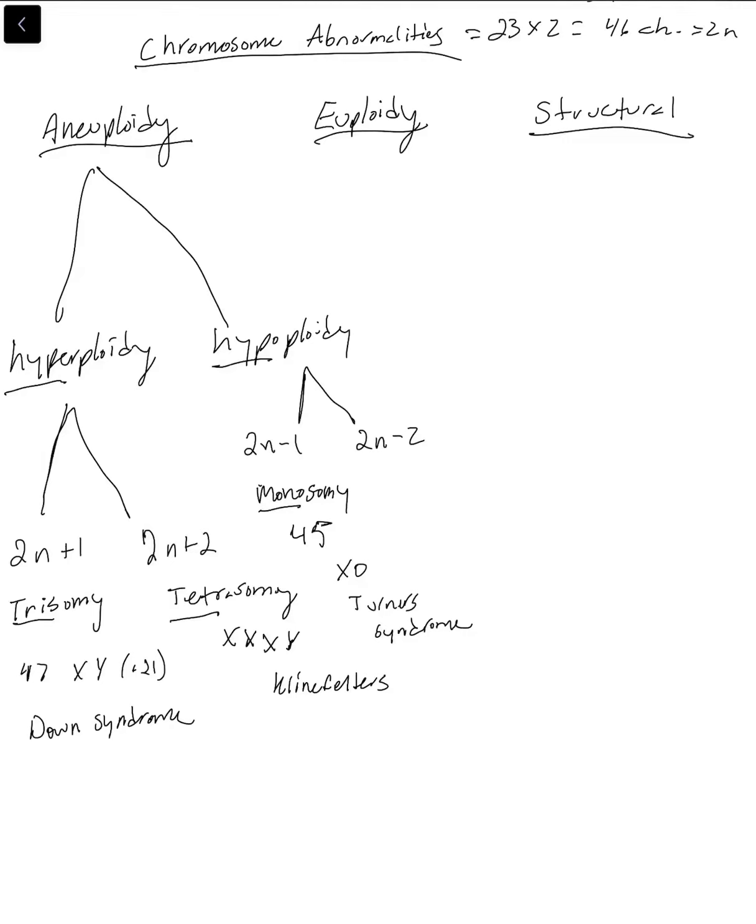Hypoploidy, 2n minus 2. This is not so common, but nullisomy. It's 2n minus 2, so we'll have 44, and this almost always, or actually always, leads to death.